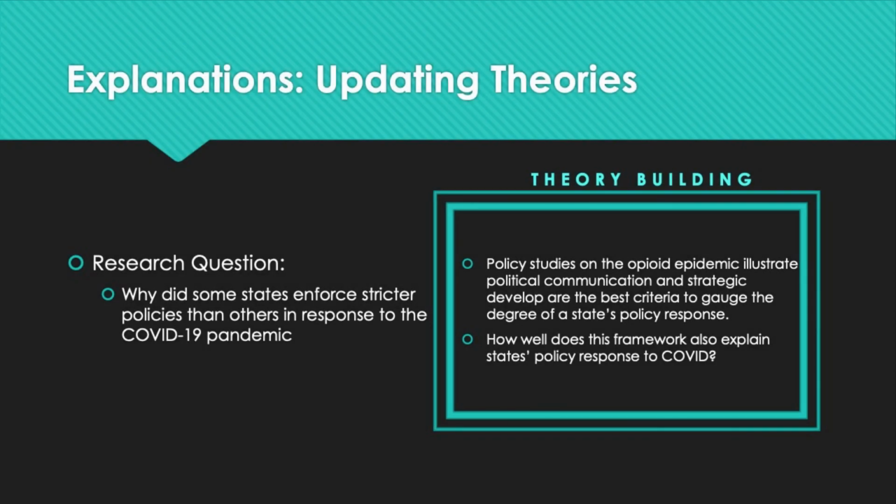But the point is that we are essentially borrowing a very complex theoretical explanation from a closely related topic, and we test the extent to which it also explains state policy responses to COVID. And if the framework does a really good job at also explaining COVID, then we consider this to be a very strong theoretical tool.